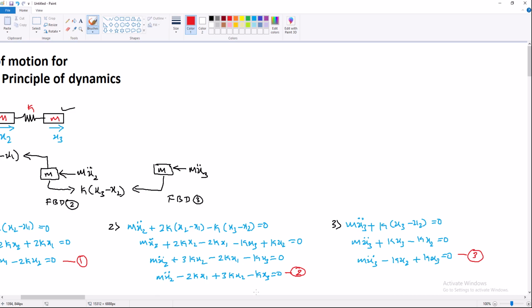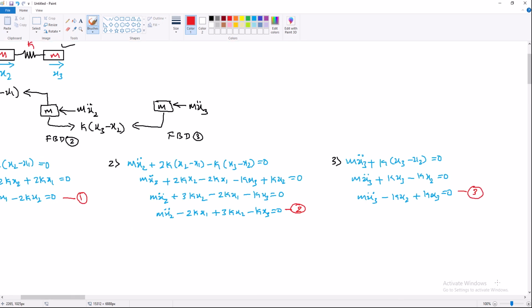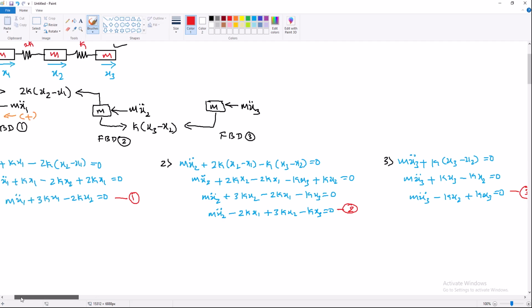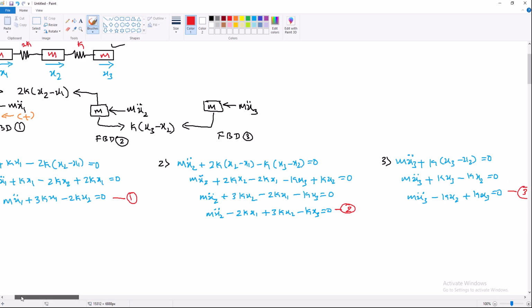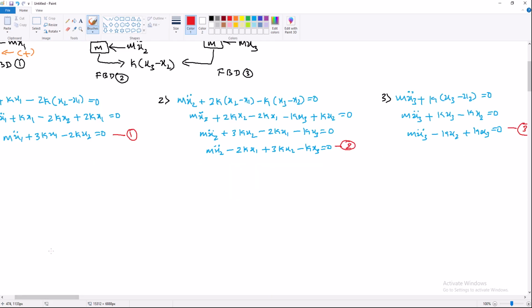Since there are three masses in the particular system, I would like to take all three equations and write them in matrix form. They are in the form m x double dot plus k x, which is equal to 0.